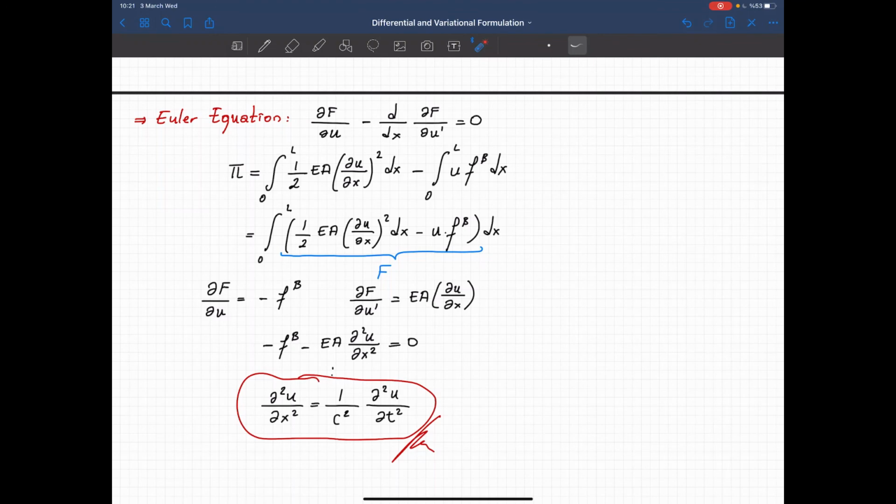We can either use the differential approach, take an infinitesimal element, write your forces and the relationships on that infinitesimal element. That's one approach. Or start with the total potential energy, take the first variation, and at the end of the day, you'll obtain the same equilibrium equation and then the governing differential equation.